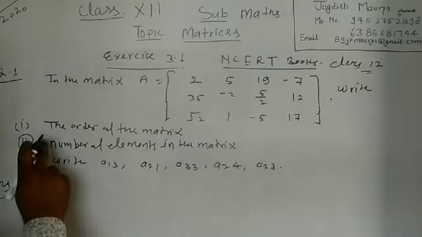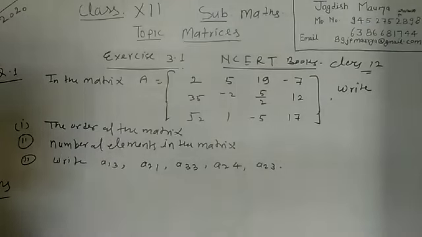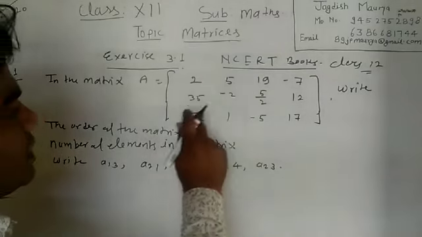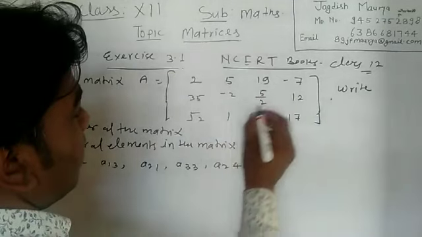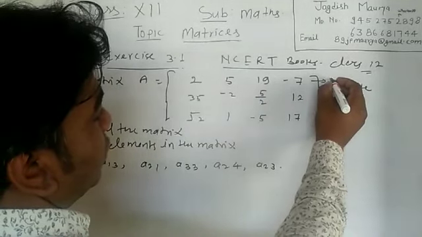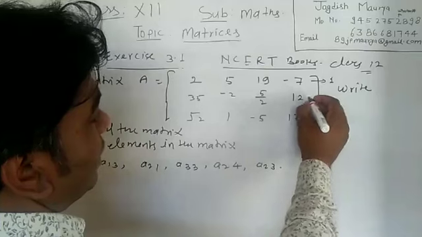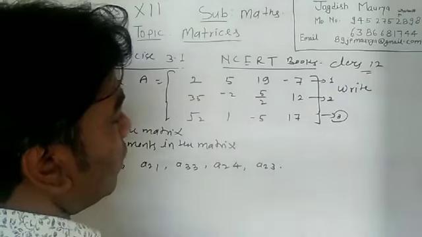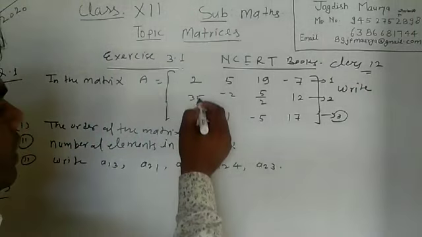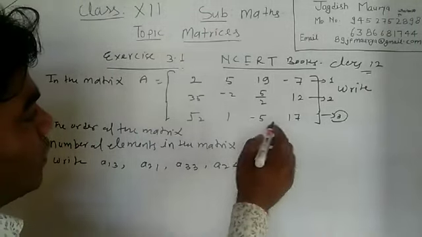here we have to find the order of the matrix. In the given matrix there are 3 rows: here first row, here second row, here third row. There are 3 rows and 1, 2, 3, 4 columns.